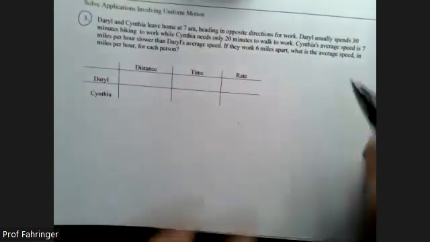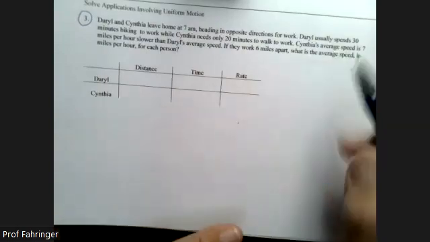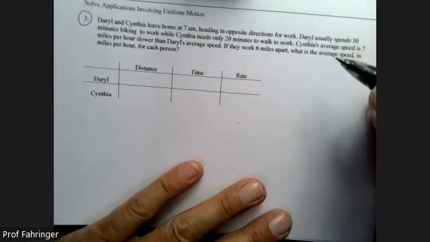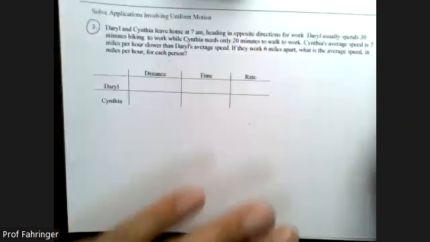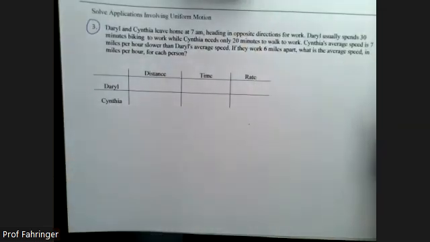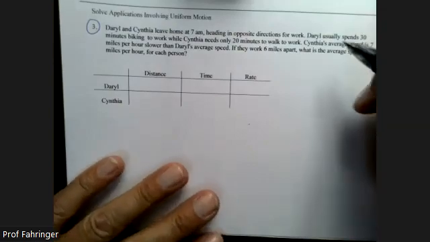We all know this to be true. If I see distance, I see time, I see rate. What's the formula? You've had it in 8th grade. Might be a long time for some of you, longer for me, just saying.